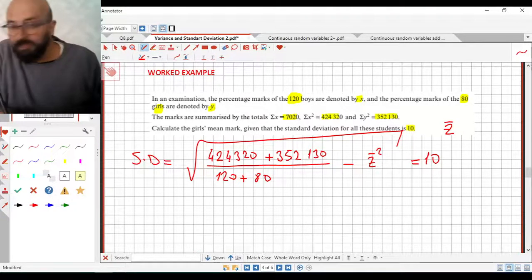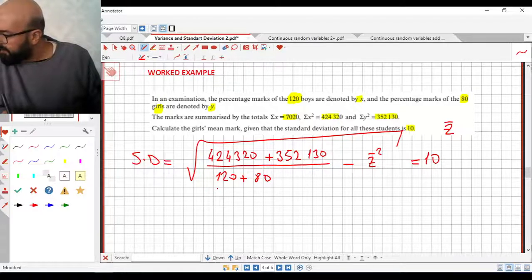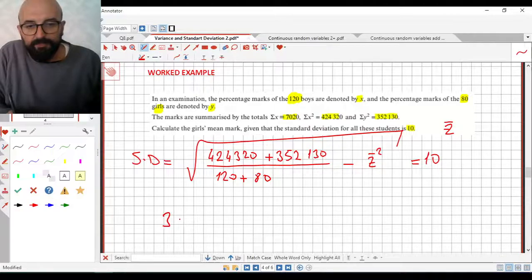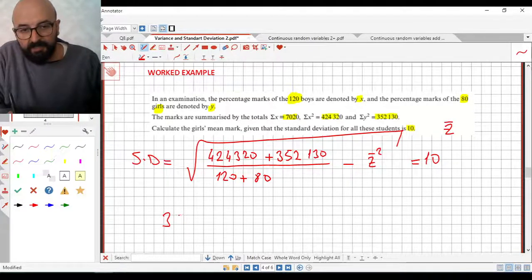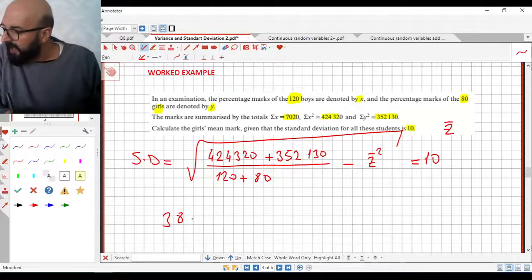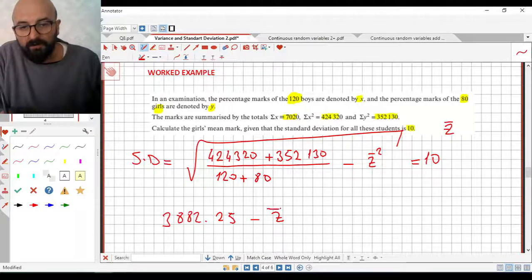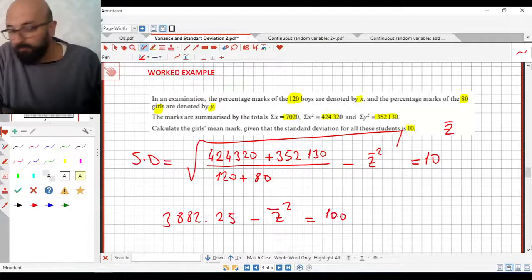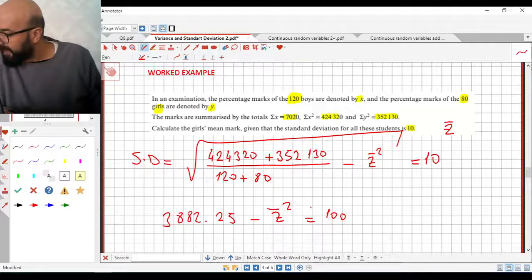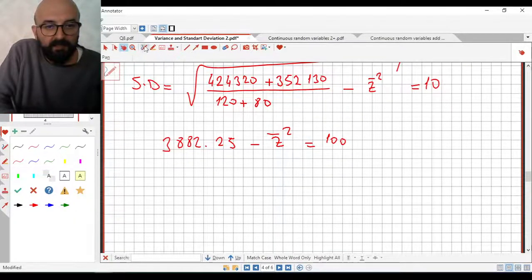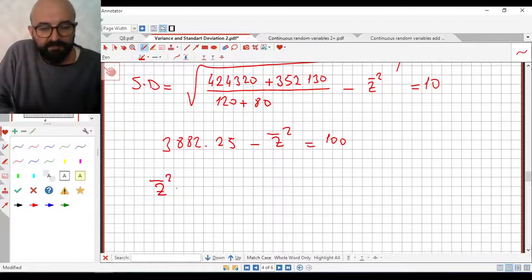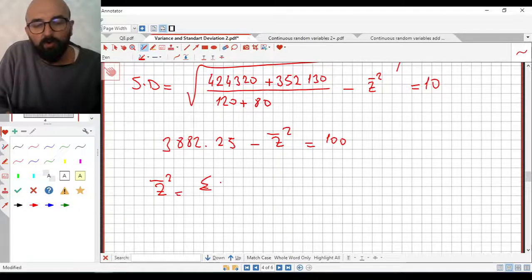So we get 3,882.25 minus z square is 100, and then z square is the sum of x values plus the sum of y values over the number of x plus the number of y.